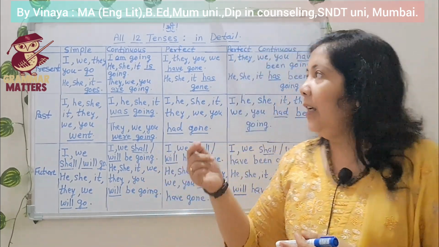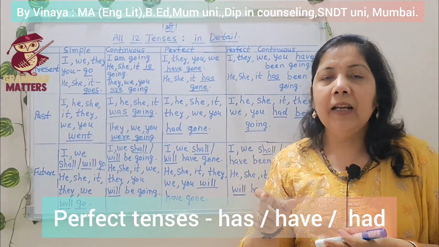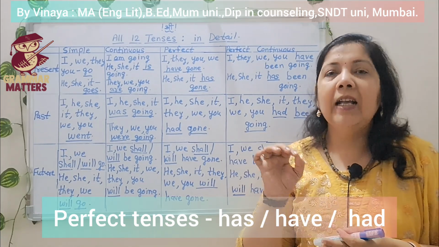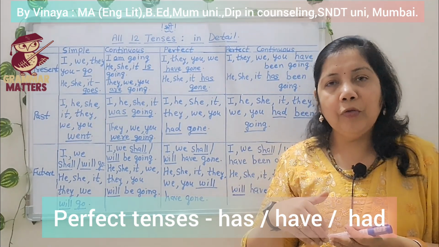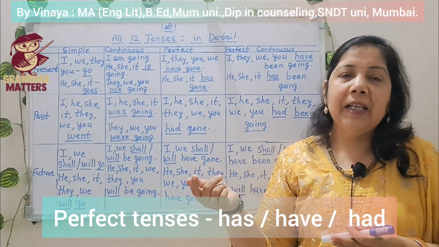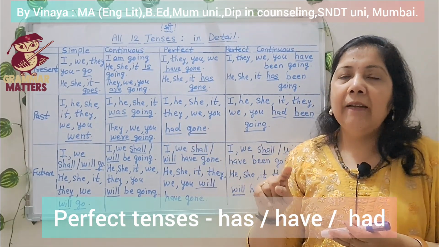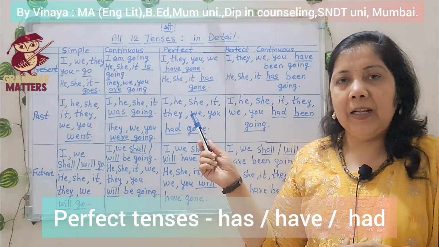Now second thing, for perfect tenses. When it is a perfect tense, either has, have or had has to be there. Has and have are present or future. Had is the past of has and have, so in past, had. But has, have or had has to be there, because it is a perfect tense.